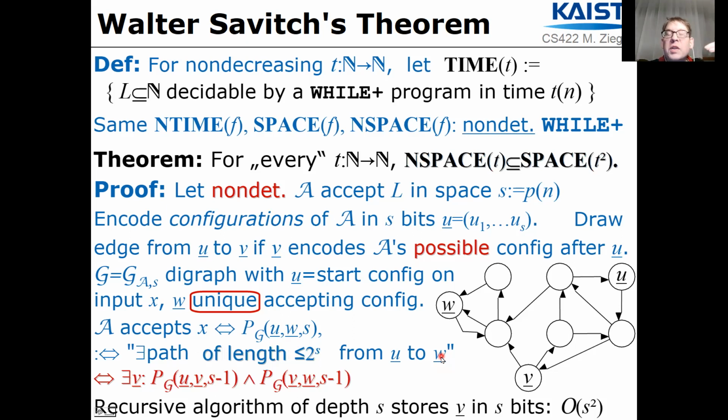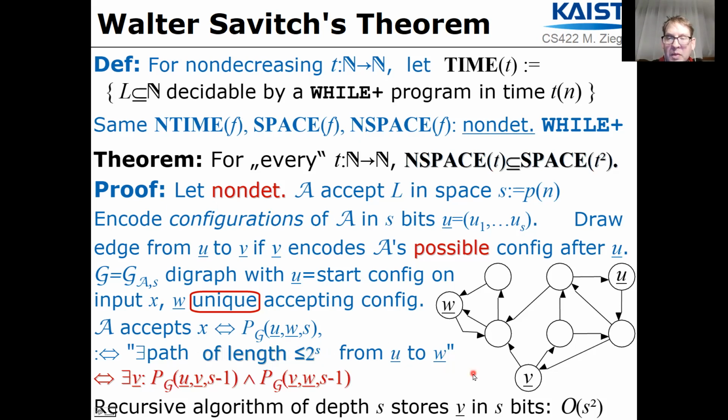And then it will simulate one step of the algorithm, depending on the instruction, whether it's an assignment instruction, an addition instruction, a subtraction instruction, a division instruction, all these deterministic, or whether it's a guess instruction. So depending on the instruction, it will simulate that one step of the non-deterministic program symbolically. This is kind of like a symbolic execution, and thus be able to determine whether W is the immediate successor configuration to U, namely when S is equal to 0, that means one step.